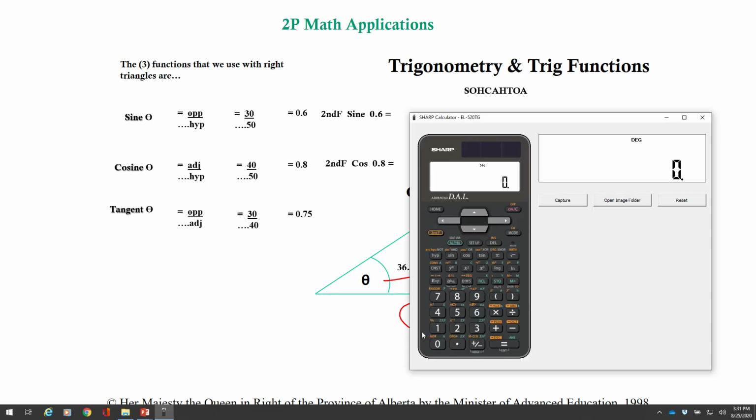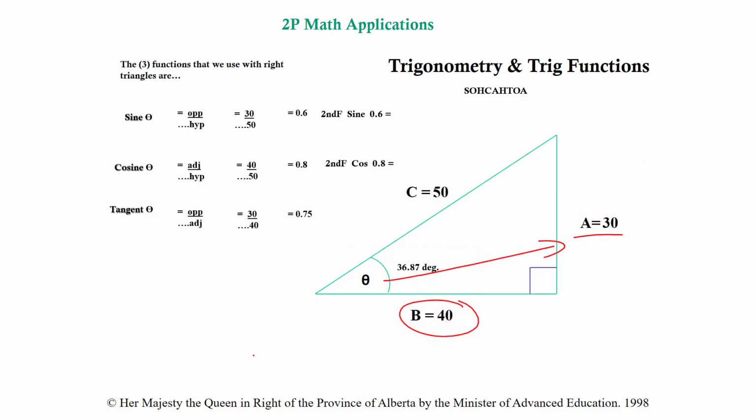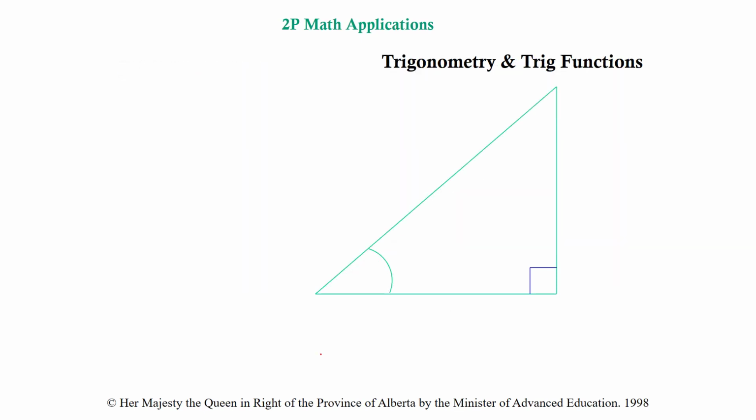To enter that in, we're going to go 30 divided by 40 equals 0.75. Second function, tan equals. So 36.87 degrees. Okay, so that's the use of the three ratios to figure out our angle.